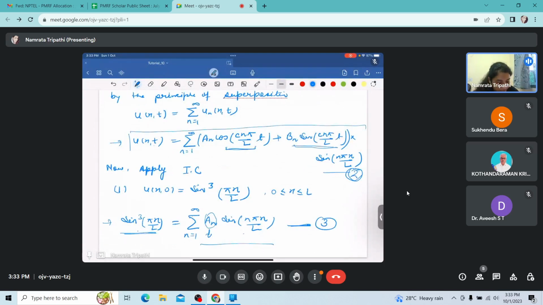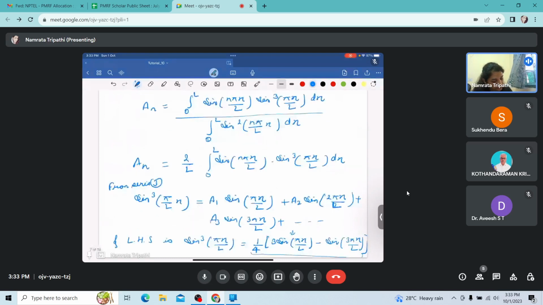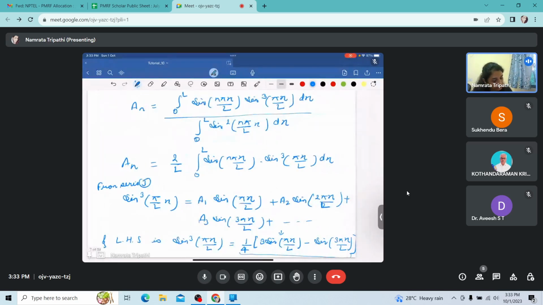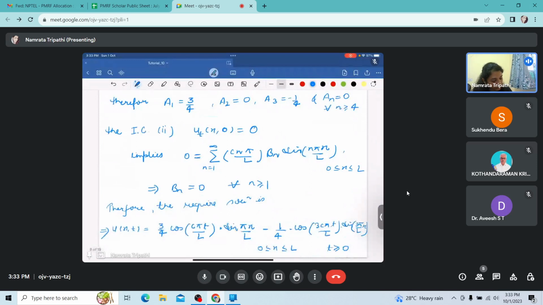And after applying the initial conditions, we can find the values of an and bn. With one initial condition you can find the value of an, and after applying the second initial condition you can find the value of bn, and you can put in the values of an and bn. So the required solution is obtained. Okay, let's move to the next question.